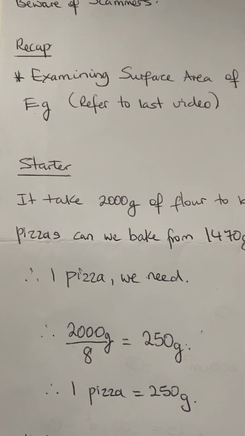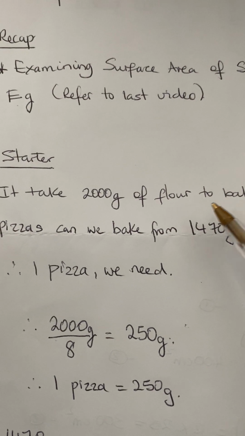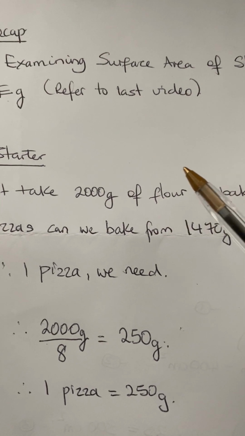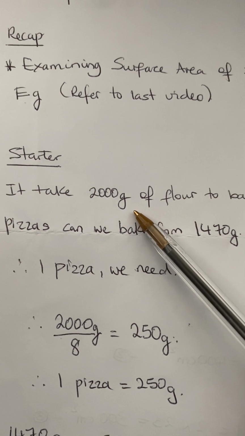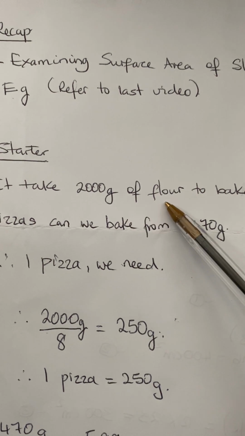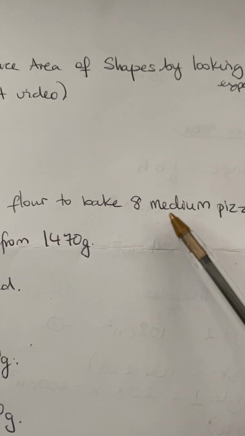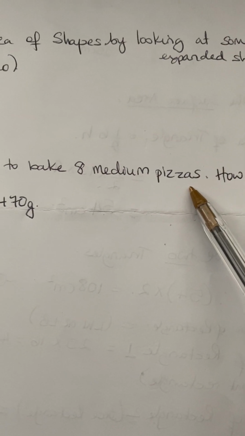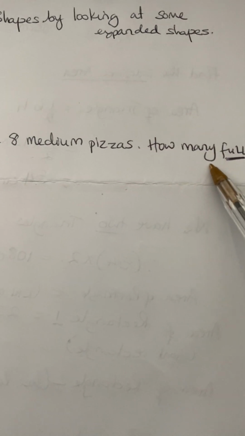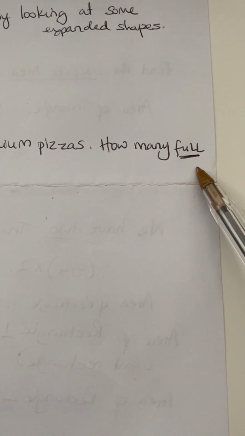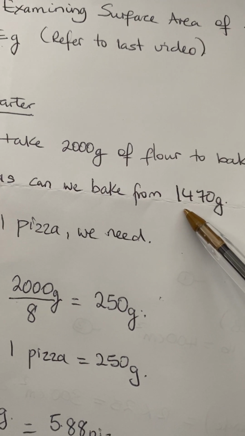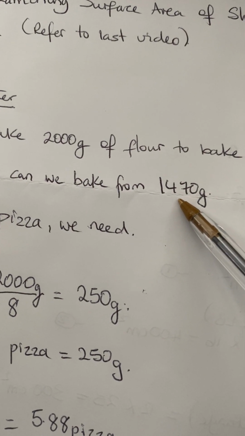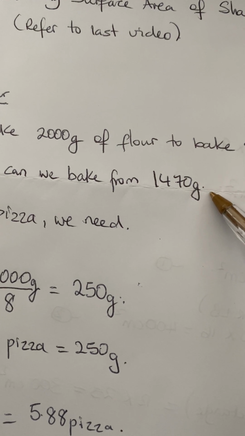Now, today's starter. It takes 2,000 grams of flour to bake 8 medium pieces. How many full pieces can we bake from 1,470 grams?